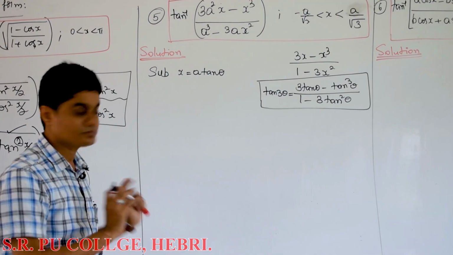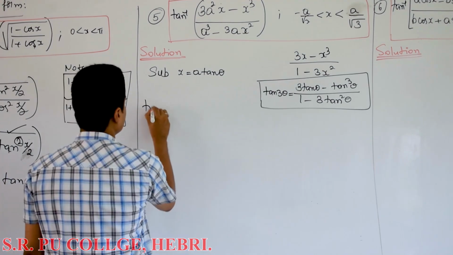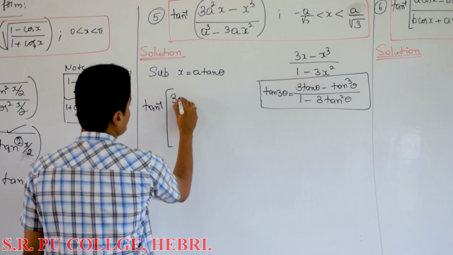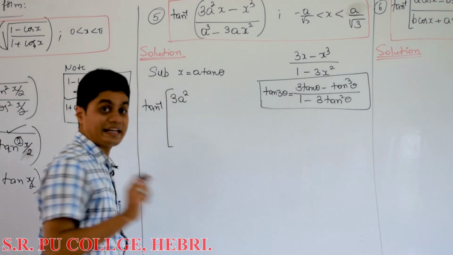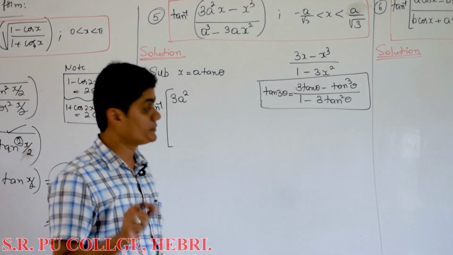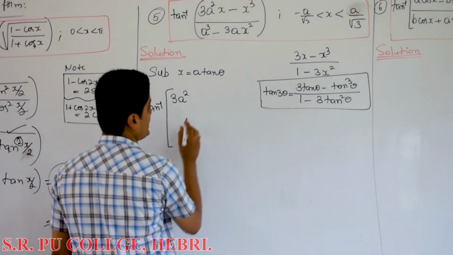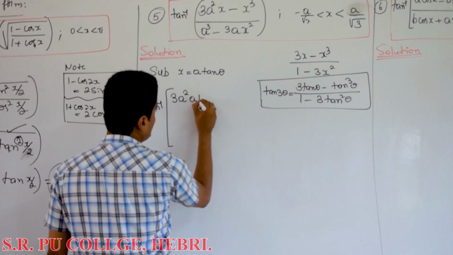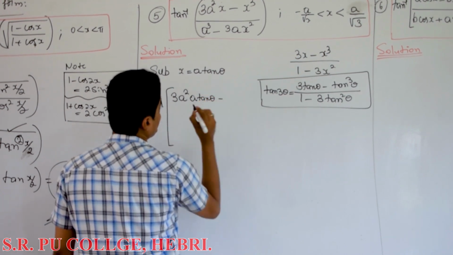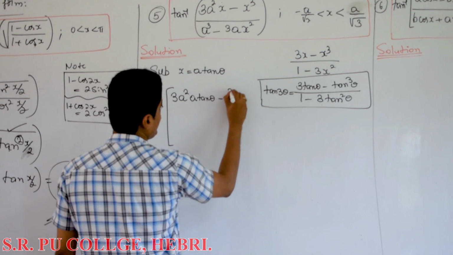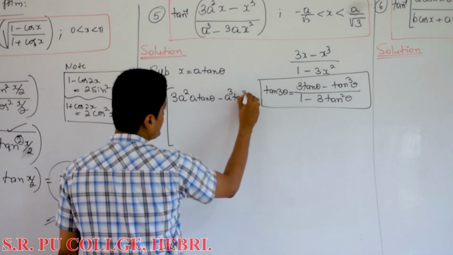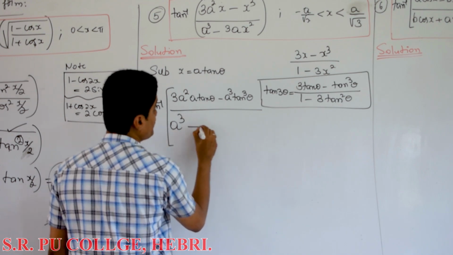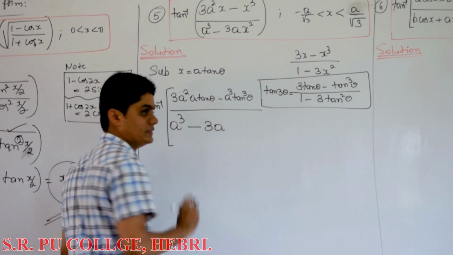It's important. Now this expression will become tan inverse of 3. Remember, you are substituting for x, not for a. 3a square remains same. Tan theta, since x is equal to a tan theta, so one more a will come like this. Minus x cube means a cube tan cube theta divided by a cube. Remember, you are substituting for x, not for a.